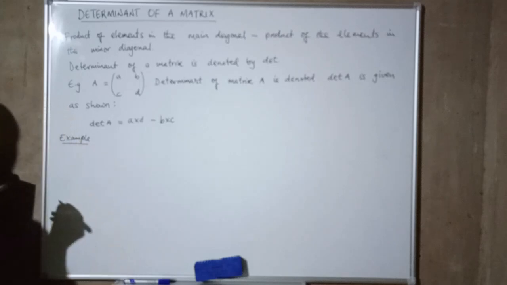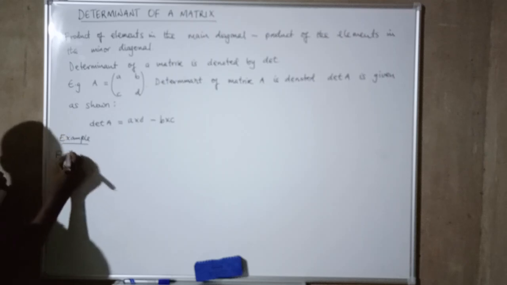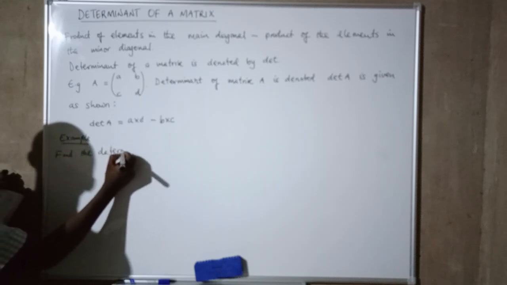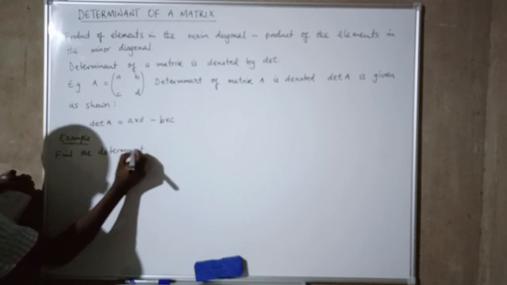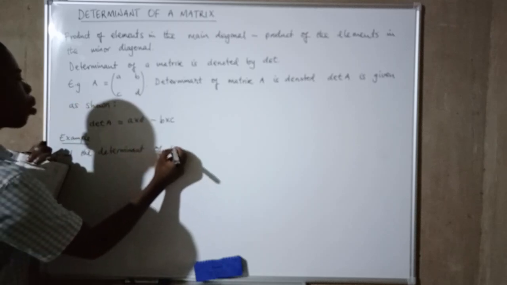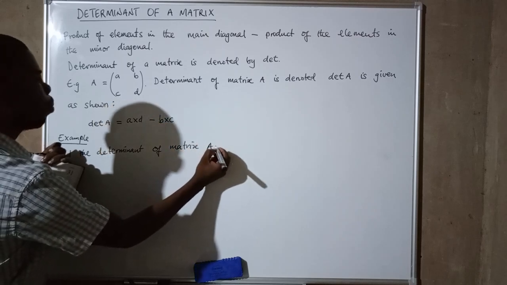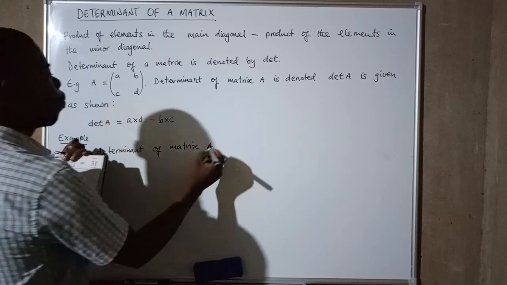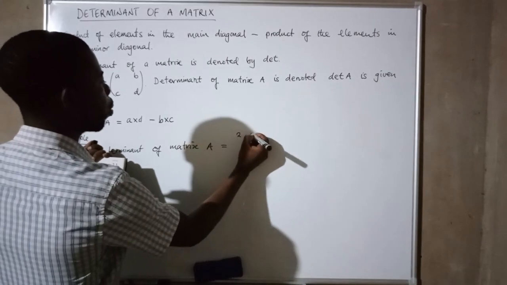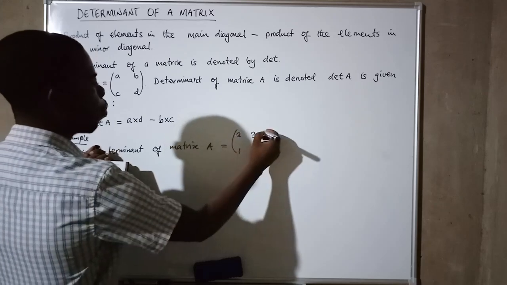This example says find the determinant of matrix A, which is given as 2, 3, then 1, 4.